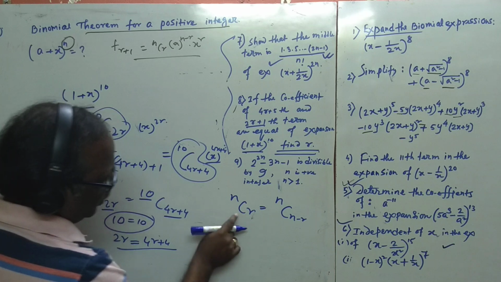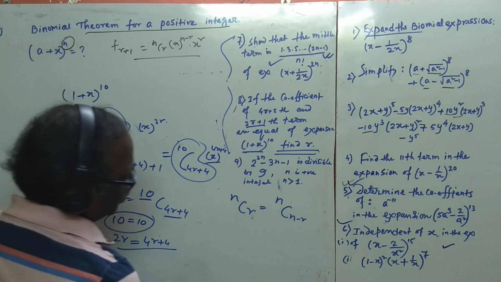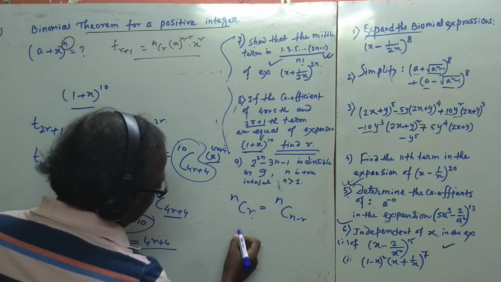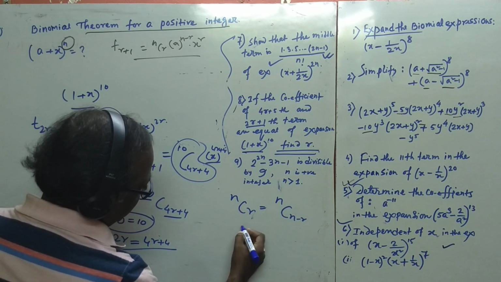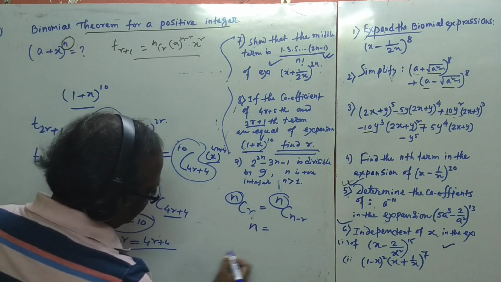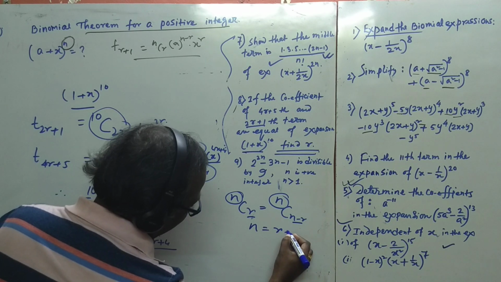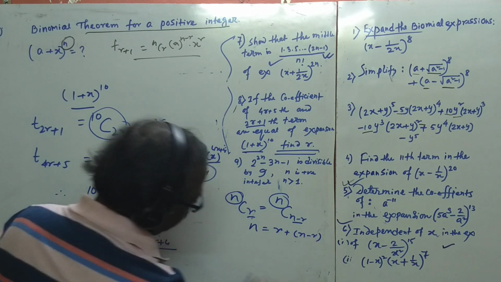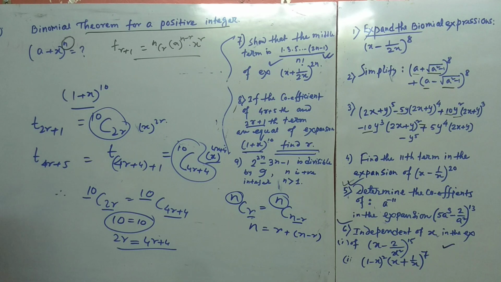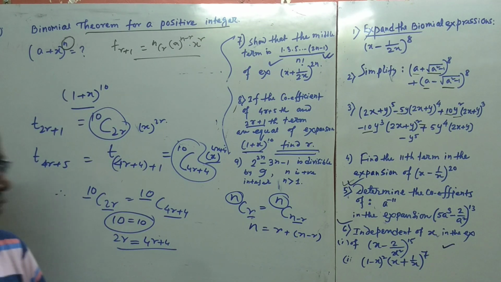Both are the same. If we expand this, we get the same value. And in this relation, we always write that if n equal to n, the sum of the suffixes is equal to n. If we add the suffixes, r cancels, then n equal to n. So this is another procedure.